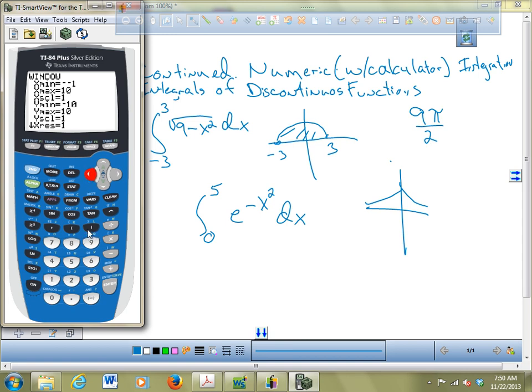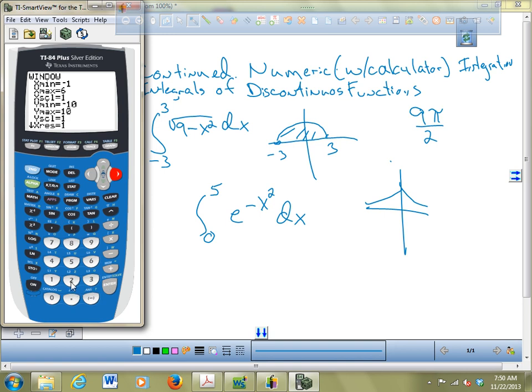You have to make sure that your window is big enough for your limits of integration, right? And since e to the x crosses the y-axis at 1, e to the negative x squared is also going to cross at 1, I believe.